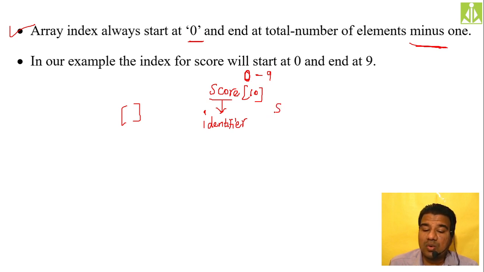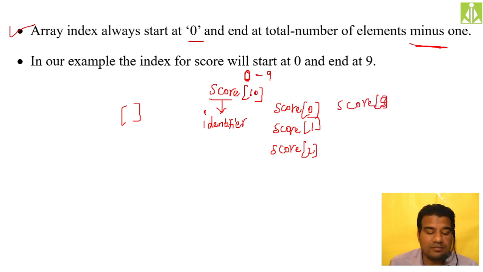So score of 0 will become my first element into this array. Then score of 1 will become my second element, score of 2 the third element, score of 3 the fourth element, score of 4 the fifth element, and score of 5 the sixth element.